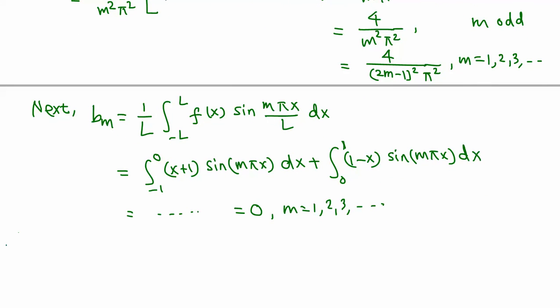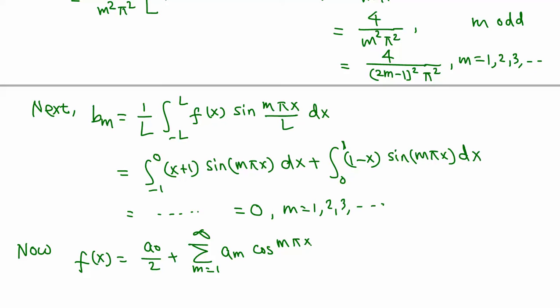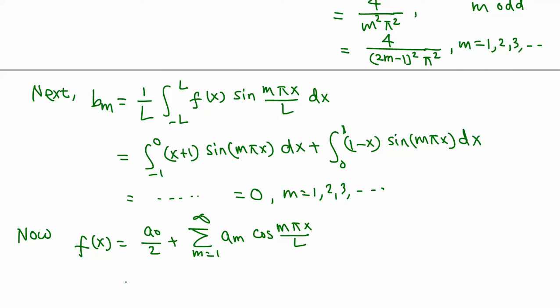Now we want to write down the Fourier series for the function. So the function is a0 over 2, plus the sum from m equals 1 through infinity of a_m cosine m pi x over L, plus the b_m's. All b_m's are 0, so we don't have to write anything. And L is 1, so 1 over 2, a0 was found to be 1 earlier, plus the sum from m equals 1 through infinity.